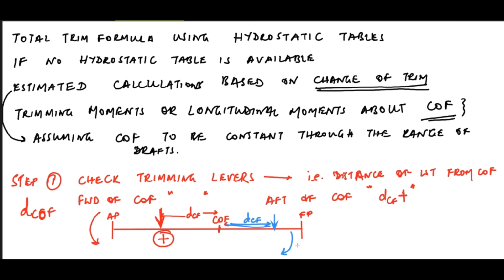Now, because it is going to rotate in this way, what is happening to my trim? Decreasing, sir. Decreasing. So we will call this minus. Once we do some questions, you will be able to understand much more. But this is the basic calculation that will be required.